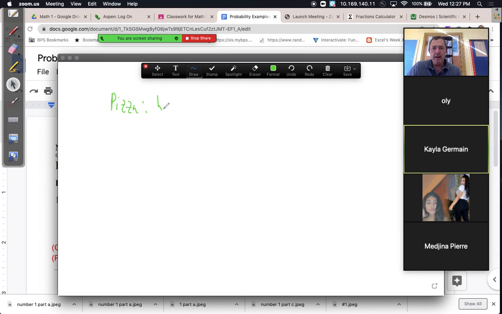You can get white or wheat crust. And then for your toppings, you can get pepperoni, sausage, or onions. And now I want the sample space.